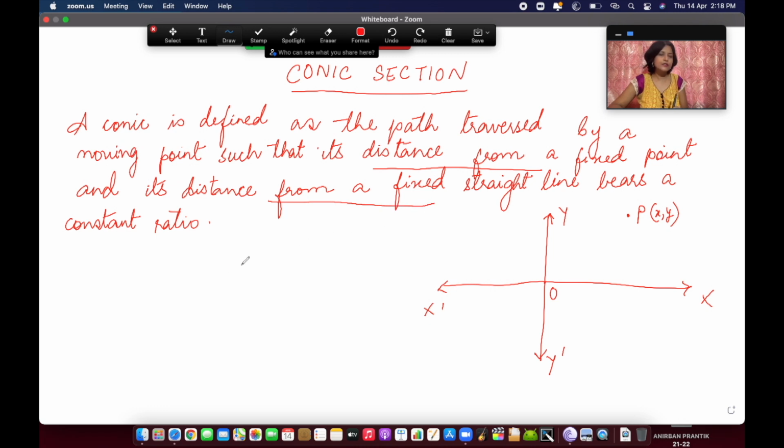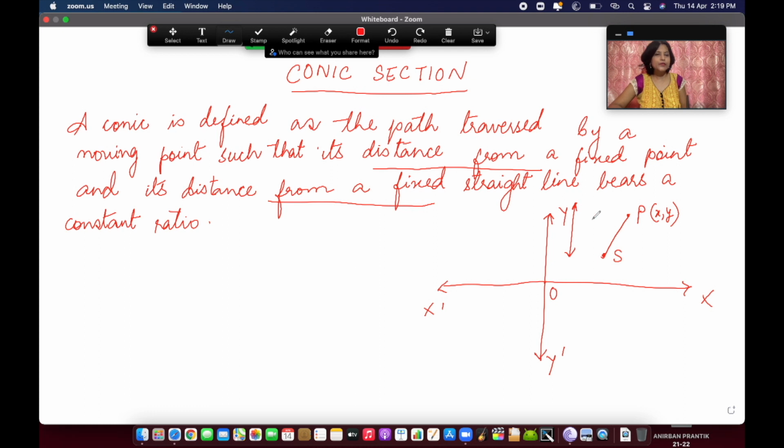bears a constant ratio. So we have a point P which is moving, and suppose we have a point S which is fixed, and the distance between P and S must be equal to the distance of P from a fixed straight line. Suppose this is the straight line.